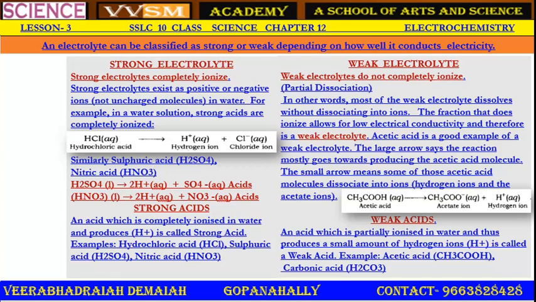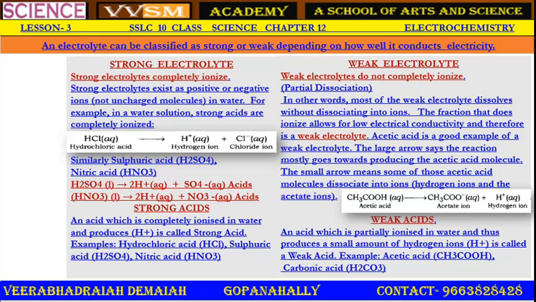These are the strong electrolytes, that is, strong acids. Weak electrolytes, I told you, acetic acid is a weak electrolyte, a weak acid. And similarly, other weak acids like carbonic acid. What happens when carbon dioxide is passed through water? It gives carbonic acid.